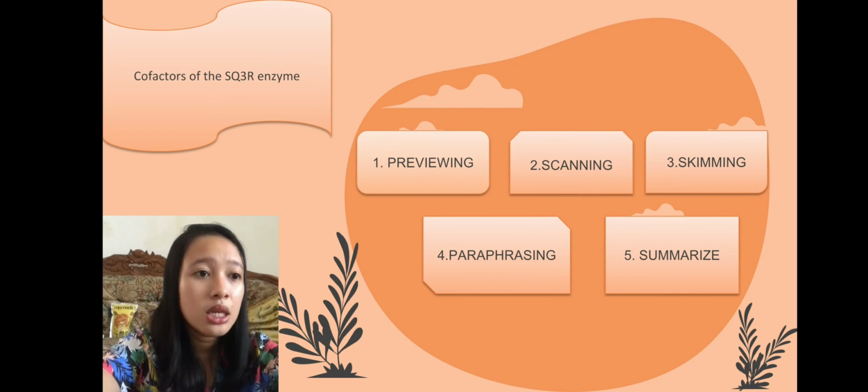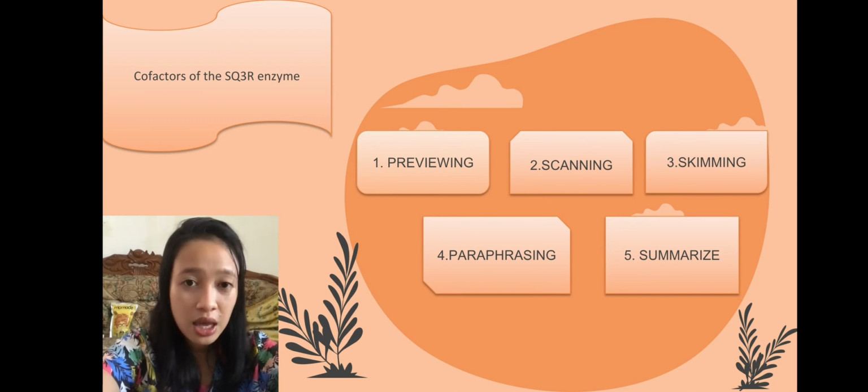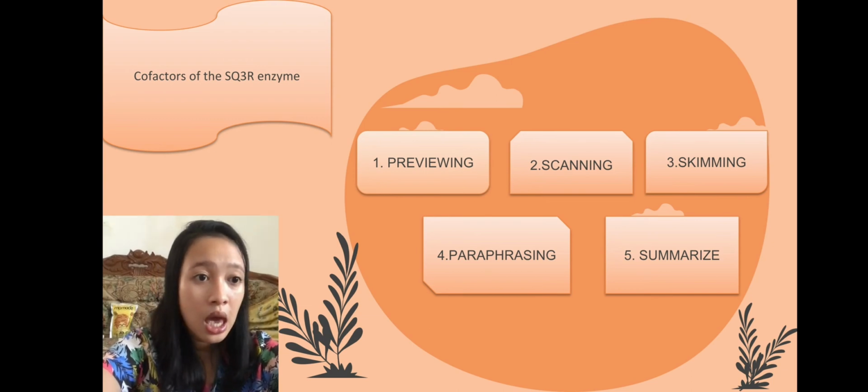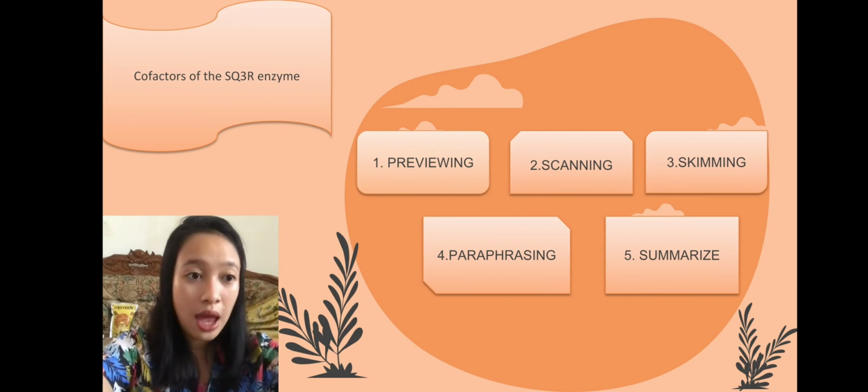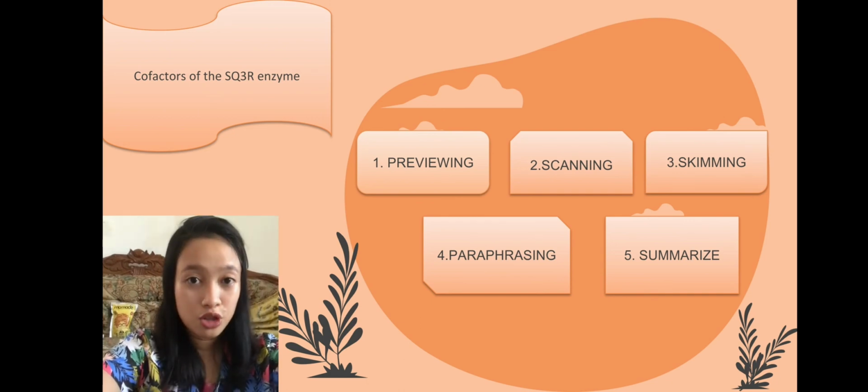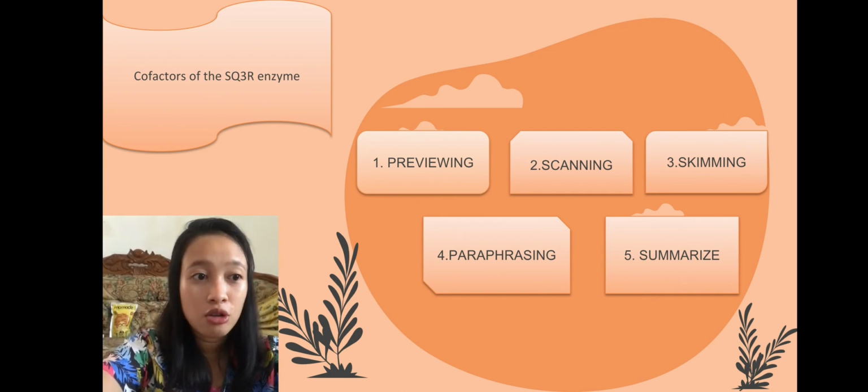Skimming is used to quickly identify main ideas and whether a text is relevant to your reading goal. And the fourth is paraphrasing. Paraphrasing is expressing text in your own words, to memorize the original text or when it is too difficult to do so.